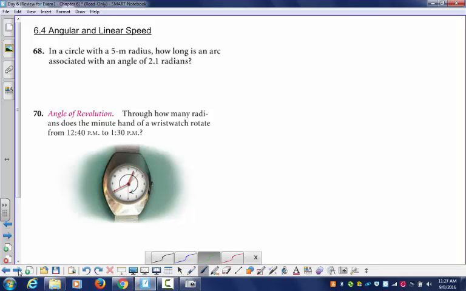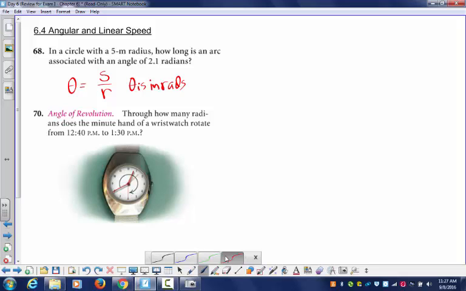That formula gives us theta in radians: the arc divided by the radius gives us theta in radians. That formula is only true if theta is in radians, so it has to be in radians for that to work. Theta is in radians.